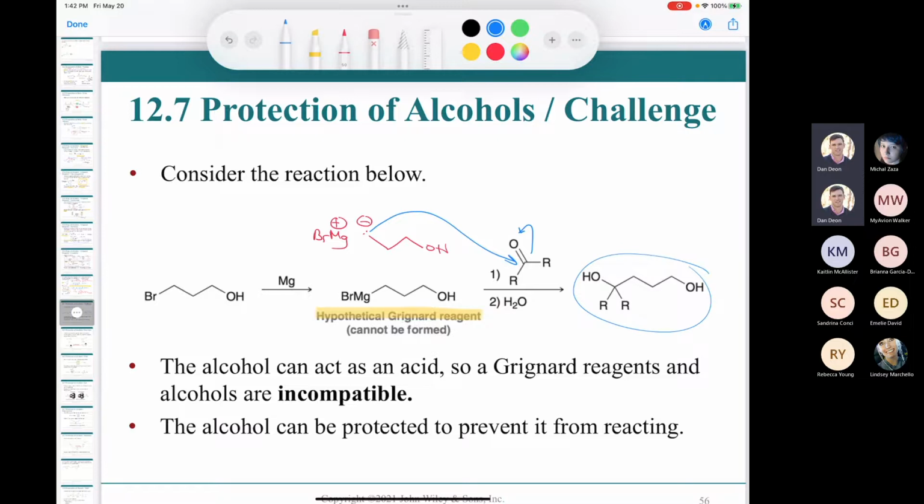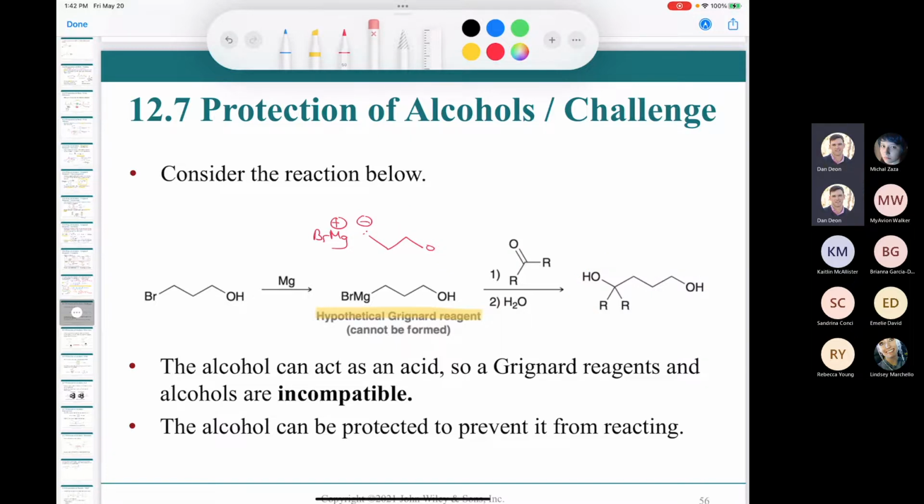What's the problem? The problem is this proton. That's an alcohol, which has a pKa of around maybe 15, between 15 and 18. Therefore, the Grignard reagent, let me just remove these curved arrows here, is not going to act as a nucleophile.